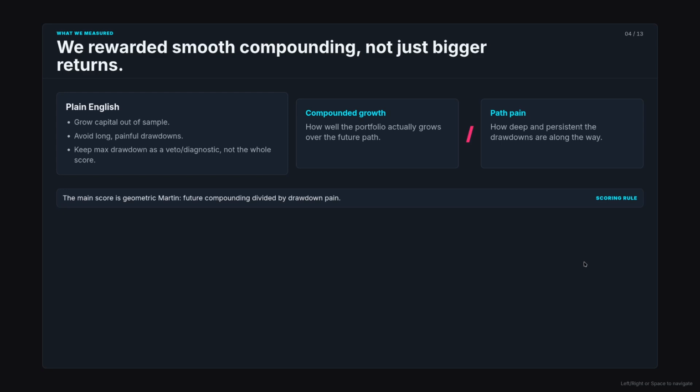So, for example, even if we have a really good high Martin ratio, but say that the max drawdown is still like 30%, something like that, that might be too large to hold over any period of time. So we would still have to start at square one or rework the strategy or portfolio to be better. So the numerator is compounded growth, and the denominator is path pain, I think, with the ulcer index.